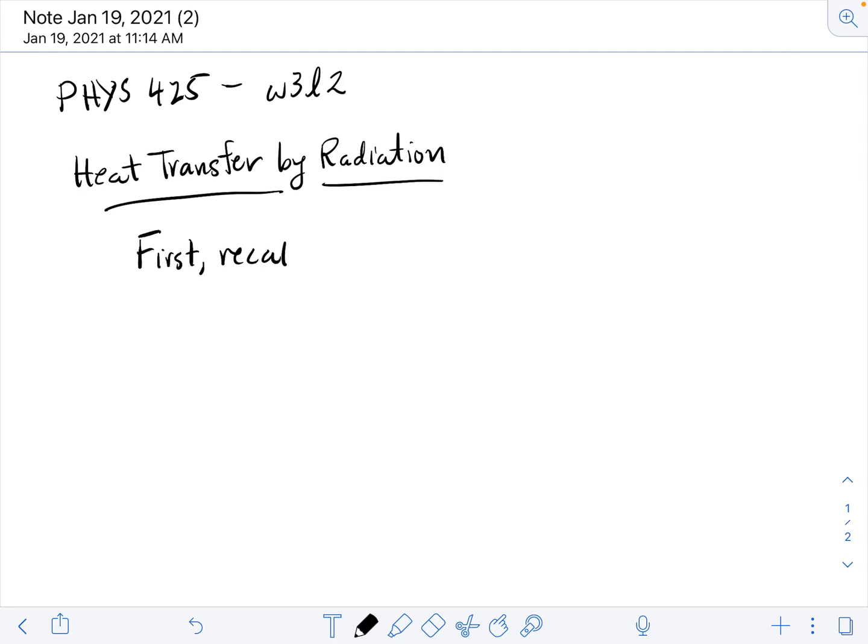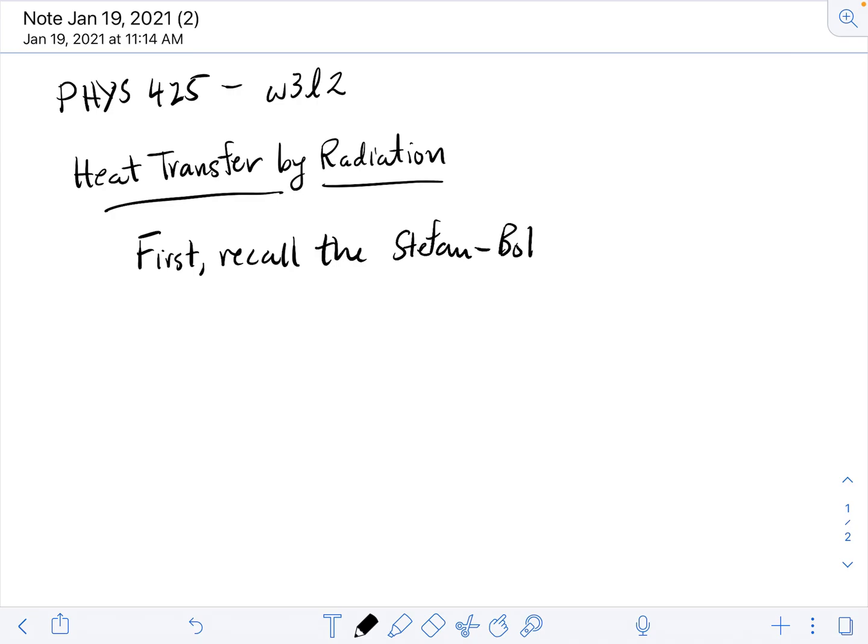So the first thing that we're going to do is recall the Stefan Boltzmann Law.